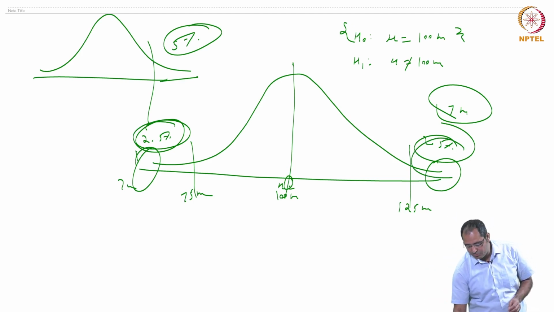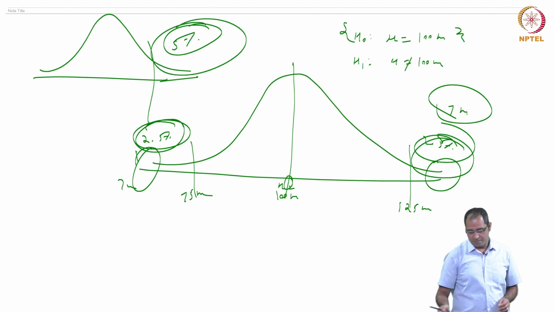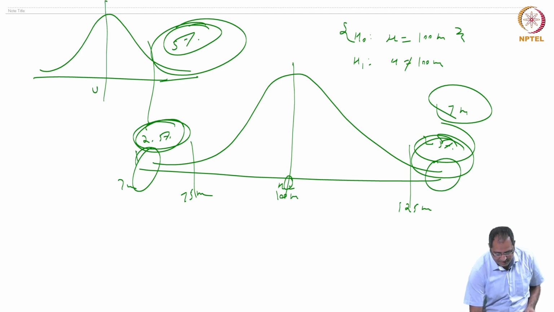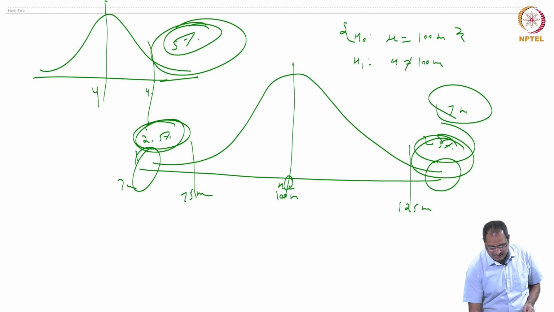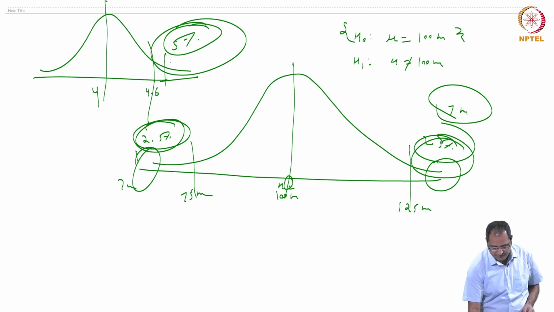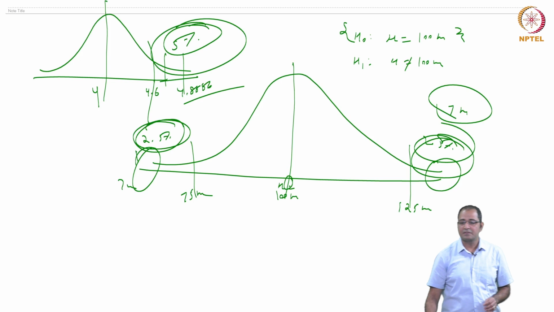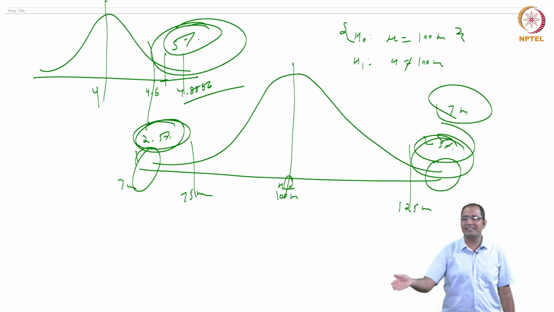So earlier it was only a 2.5% area here, now it is a 5% area. And this is mu equal to 4, this is familiarity rating 4, and this area is, let's say, 4.6, and your sample is 4.8886, which is in the 5% positive side. The mean familiarity rating exceeds 4.